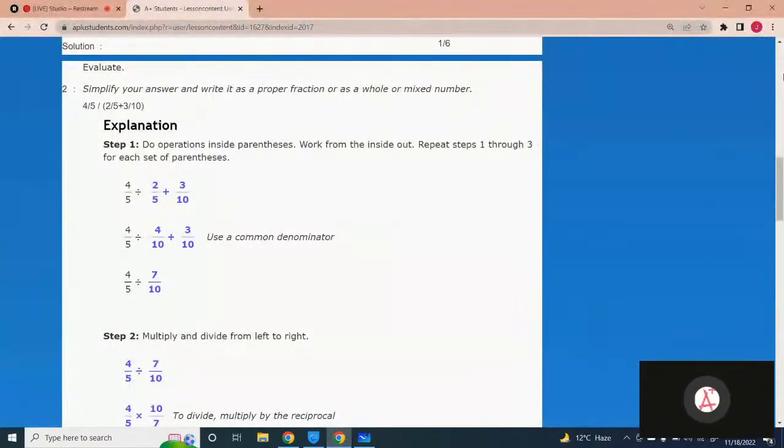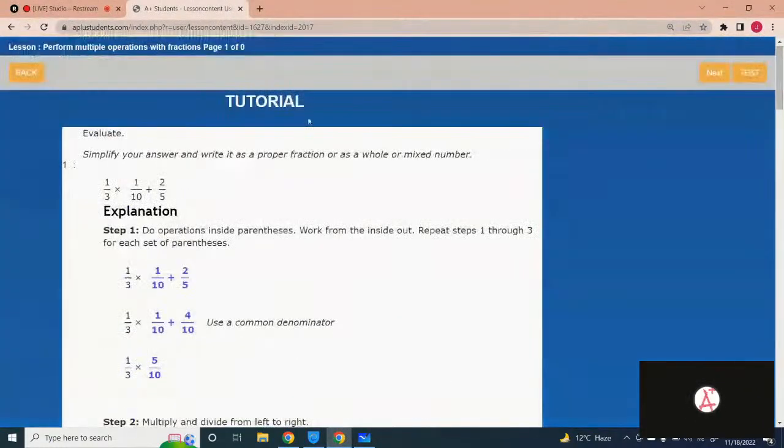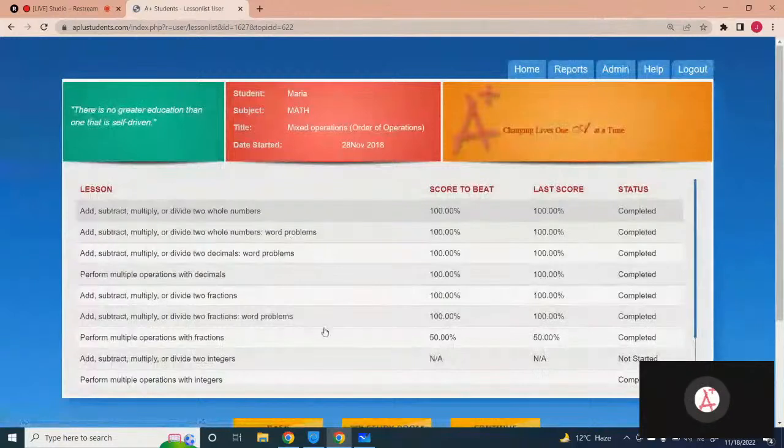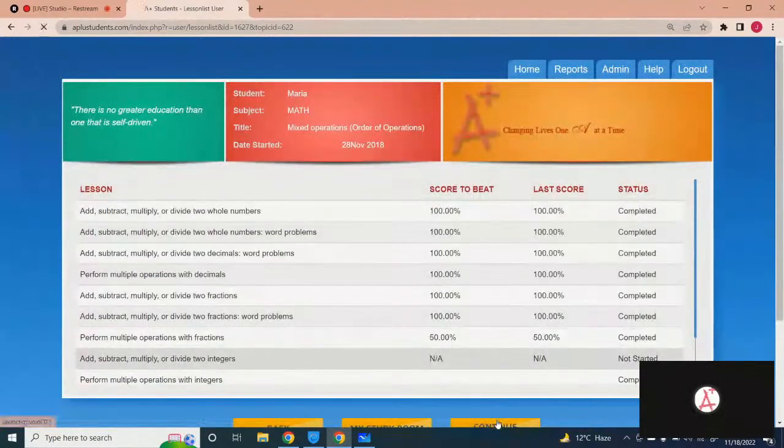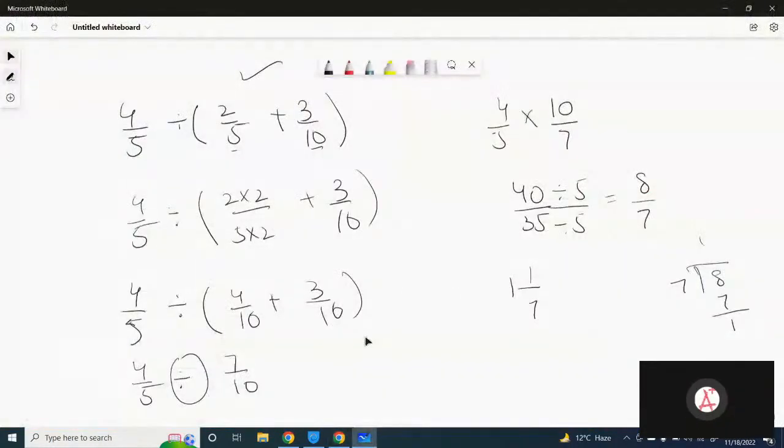Okay, the next topic is add, subtract, multiply, or divide two integers. Let me write down the topic name on the board.